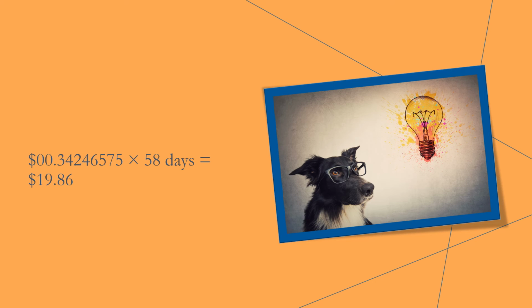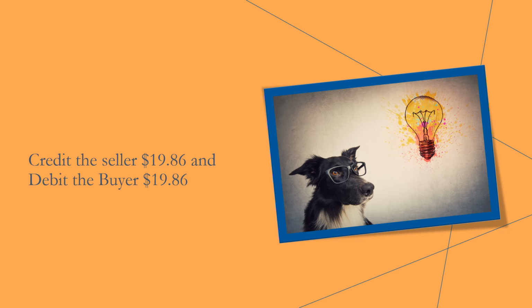So you just leave that in your calculator and you immediately multiply it by the number of buyer days, which is 58. That gives you the answer of 19.86. Remember, when you get to this step in a problem, you may need to round up to get to an actual penny. The $19.86 is going to be entered on the closing disclosure as a credit to the seller and as a debit to the buyer.